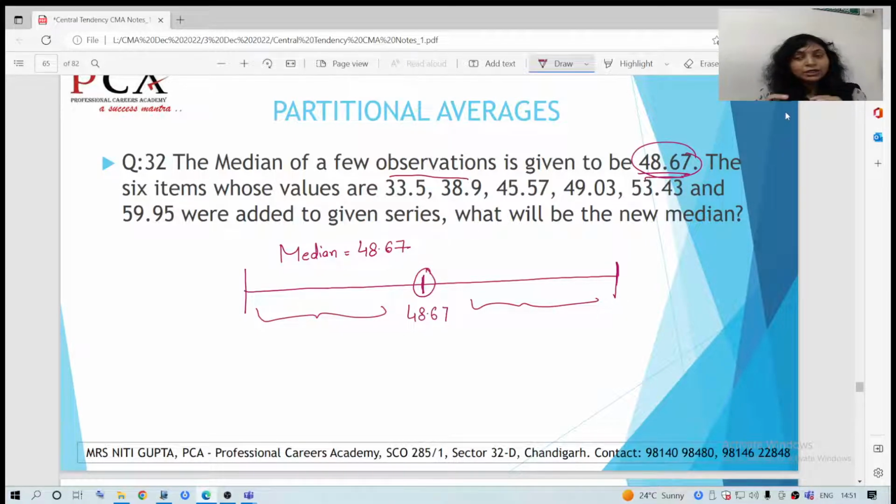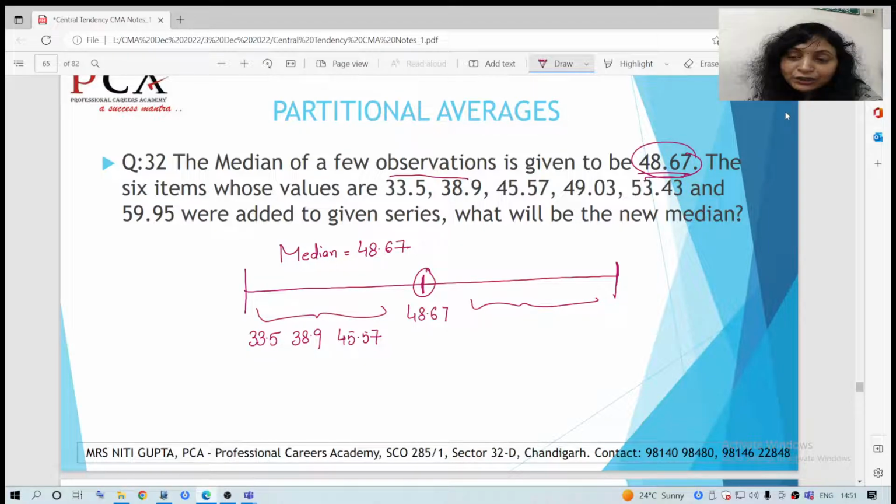So let's write down where these items will be placed in the series. First item is 33.5, which is less than median, so we put it on the left hand side. 38.9, again less than median, so left hand side. Third one is 45.57, again less than median, so left hand side.